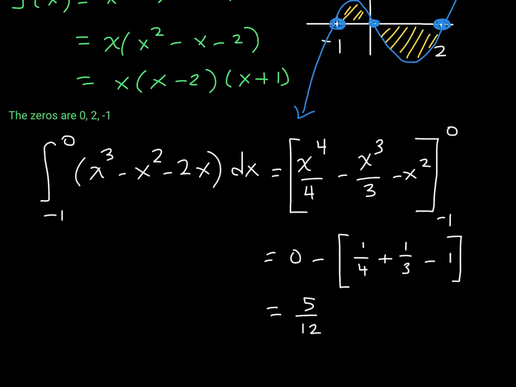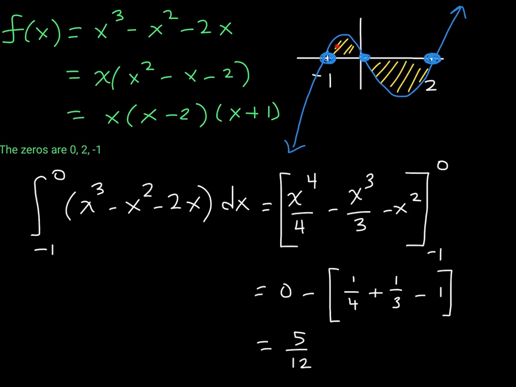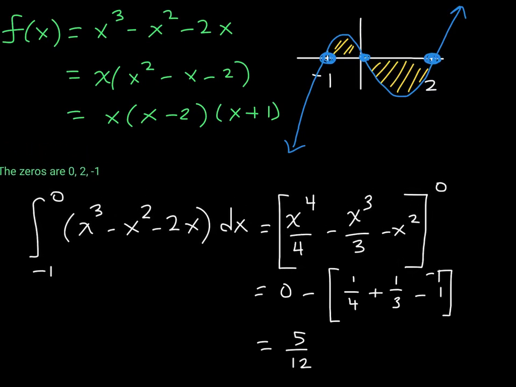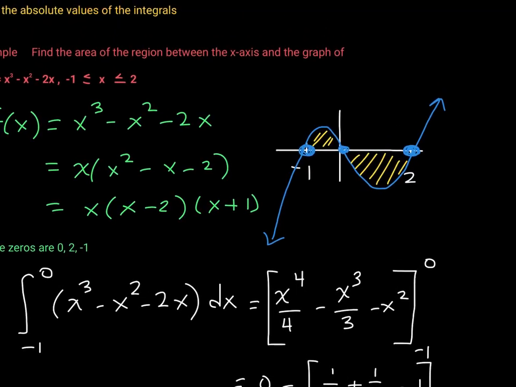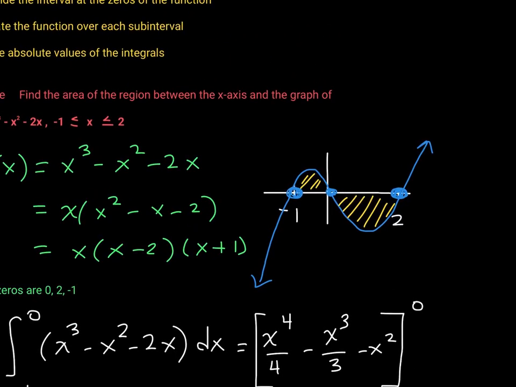So this is this contribution right here. I can label this contribution for this area: that area there is 5/12. That's the area for that region.